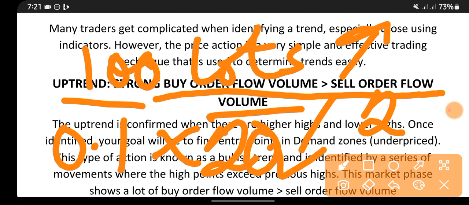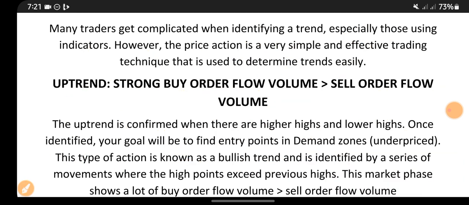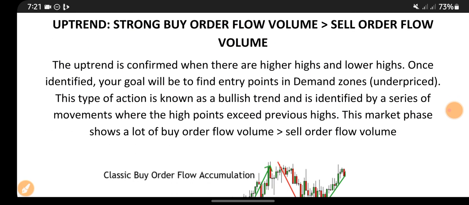All right, so now let's continue. How do you define an uptrend? The uptrend is confirmed when there are higher highs and, sorry, higher lows. I made a mistake in my PDF, so you guys should forgive me.